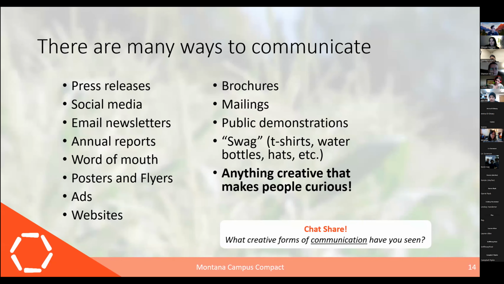So we go to the idea of the ways to communicate. Some of you may well be really familiar with this. You may understand, well, of course, this is how you would interact with these agencies. But there are some ways that I think some folks are a bit reluctant to engage with. One of the ones I wanted to bring your attention to is the idea of a press release.